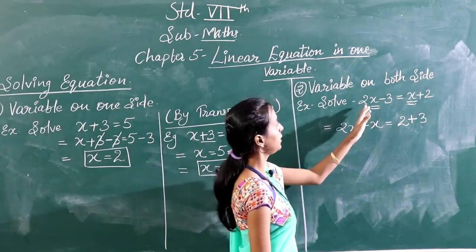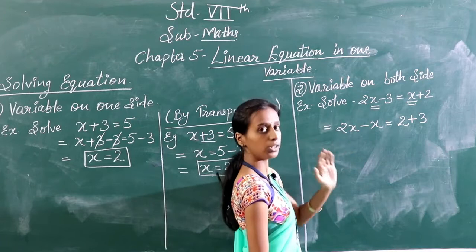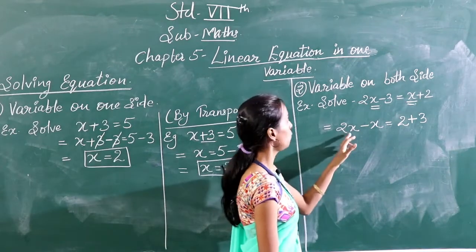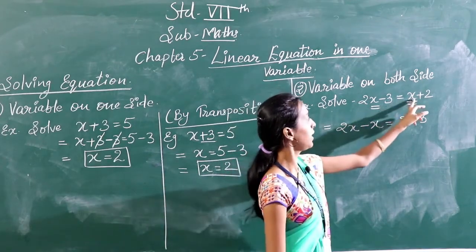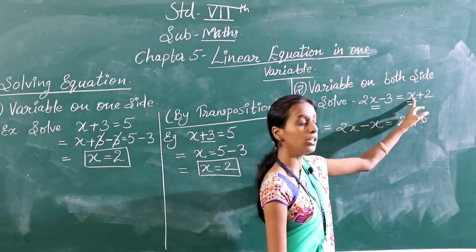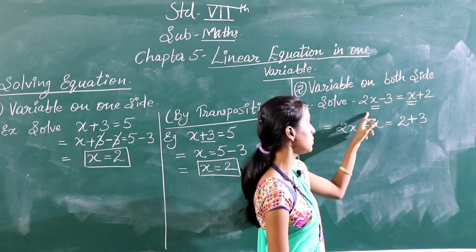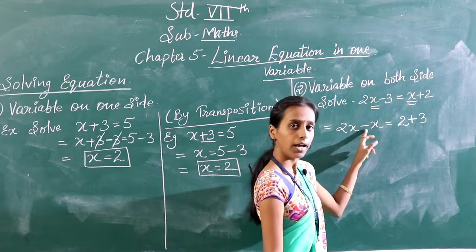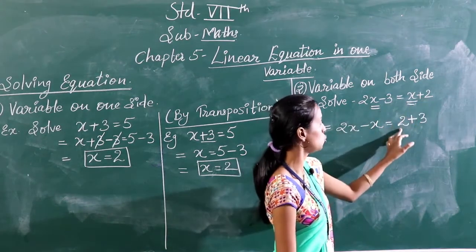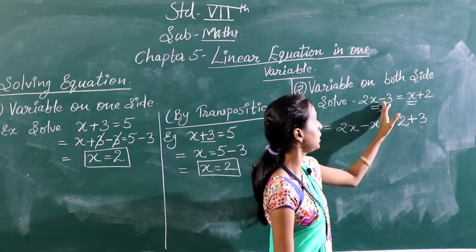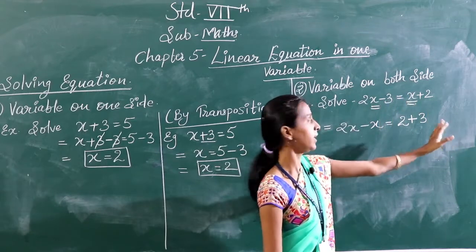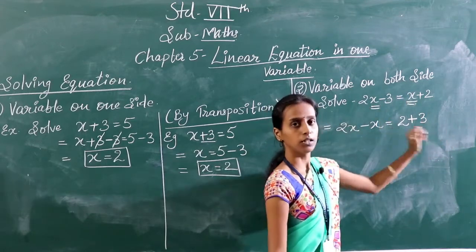Again I am repeating, see here it is 2x, we have to take all the variables on one side. Here we have x on the RHS side. When we bring it to the LHS side, it will become minus x. And here it is plus 2. When we bring this minus 3 to the RHS side, it will become plus 3.